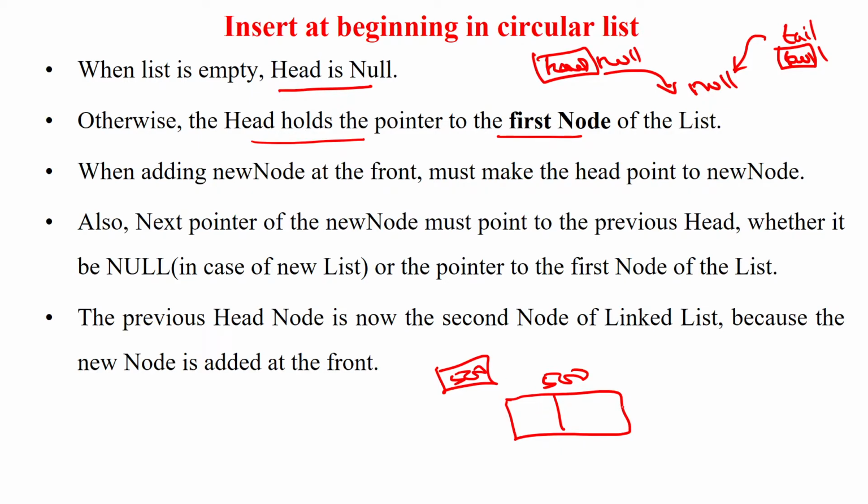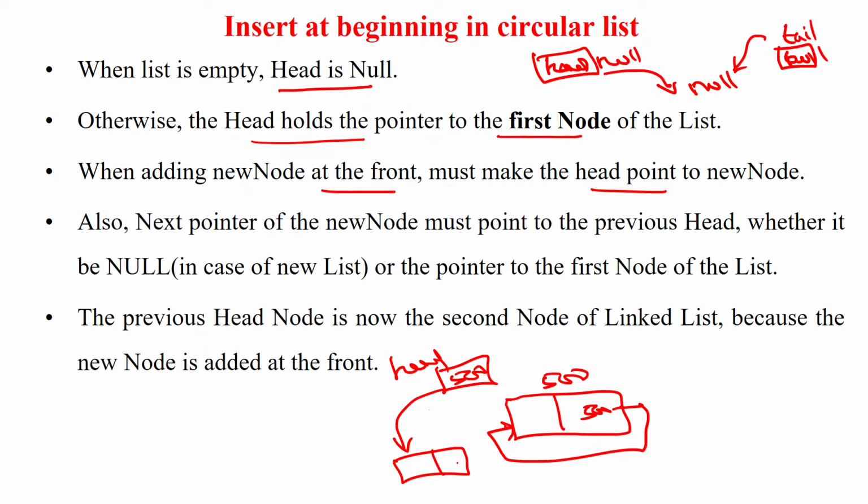If you want to insert at the front of the list, we can make the head point to the new node. When I insert the new node at the front, the new head will be the new node.